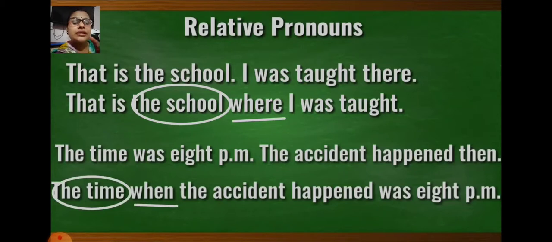Now remember that you are trying to explain the statements by using both the subjects. If you see it carefully, the time was 8 p.m., the accident happened then. So the time when the accident happened was 8 p.m. Both the subjects you have taken with you. Hope it is clear to you.